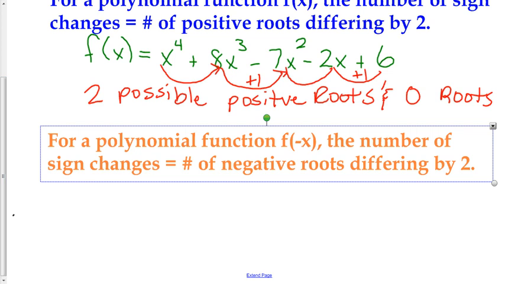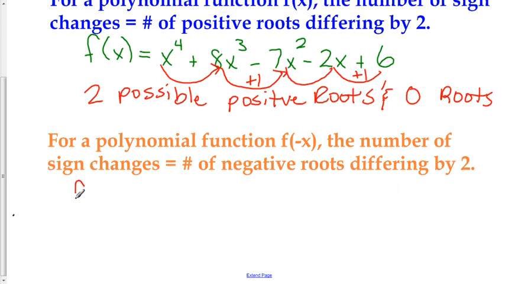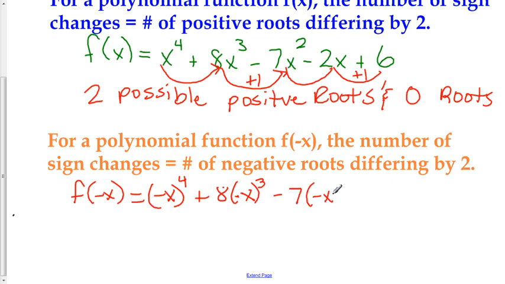If you substitute a negative x in for f of x, in this particular case, and so now simplifying this, a negative x to the fourth is x to the fourth. 8 times the negative x cubed. Negative x cubed is a negative x cubed times 8 would be minus 8x cubed.